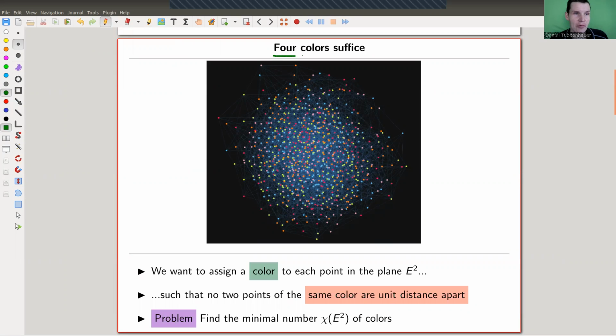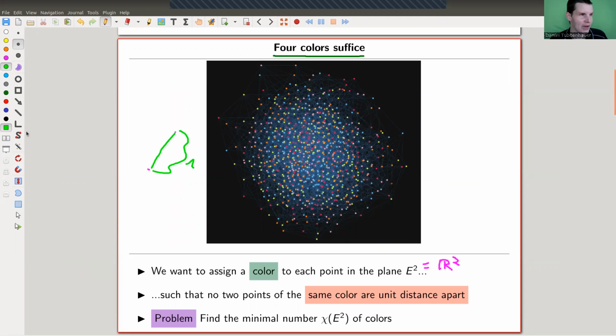So motivated from the 4 color theorem, where 4 colors suffice, we would like to color the plane itself. And I just write E2 because there will be some distance involved, and it should be just the usual distance, so Euclidean space. So this is really just R squared. So all points of R squared, we want to give them a color such that 2 points that are unit distance apart, this is where the distance comes in, should get different colors.